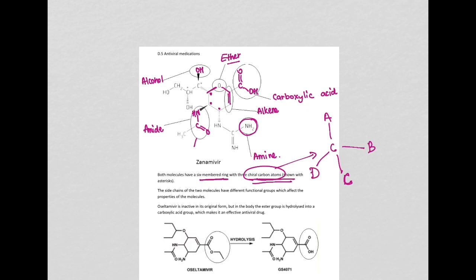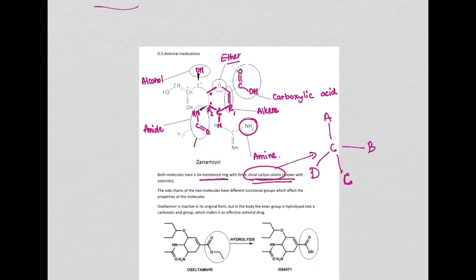Right? So if you look at this carbon over here, you have a carbon. This is one R chain, so R1. This is the second, R2.